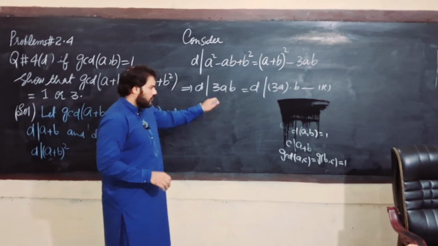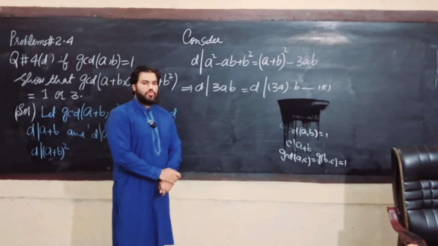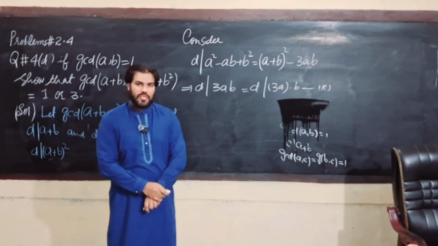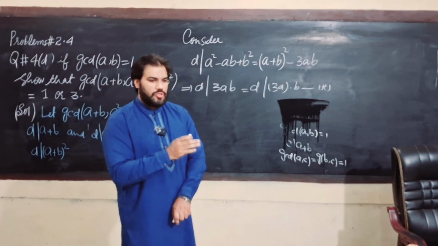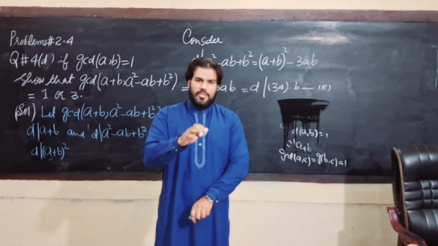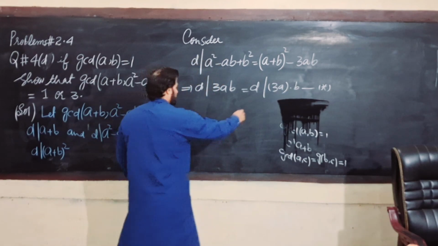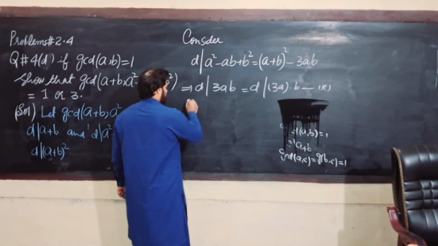I hope you can write all of these, and then again we will use the Euclid's lemma. Euclid's lemma says that if we have three integers a, b, and c, if GCD of a and b is 1, then a must divide c. So I am using Euclid's lemma here from star.